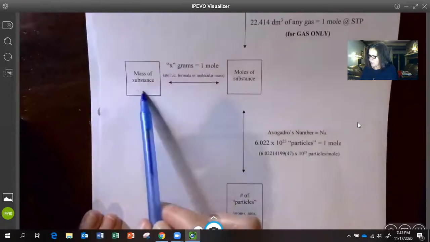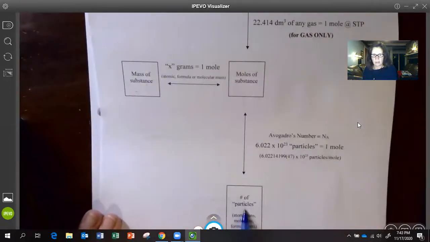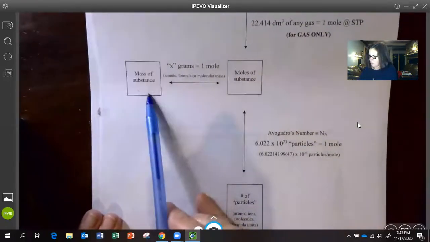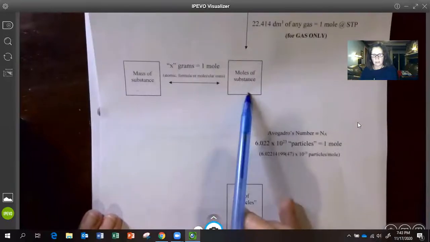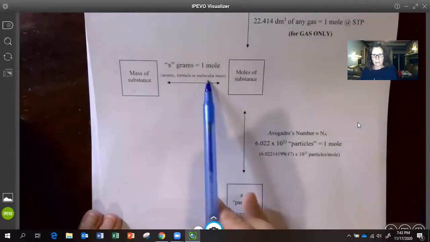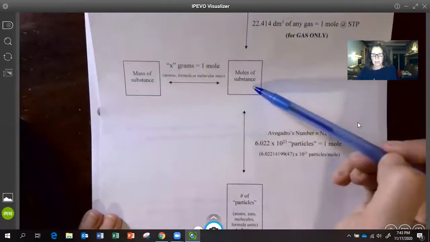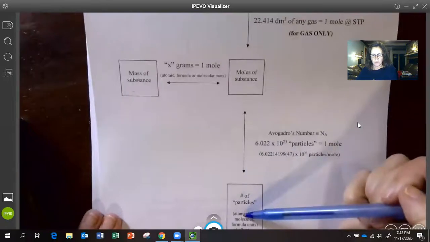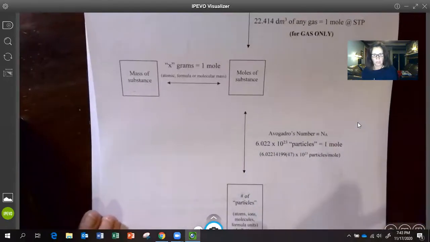So I have to take 2 steps to get there. I'm going to convert grams to moles using molecular mass, and then I'm going to convert moles to molecules using Avogadro's number as my conversion factor.